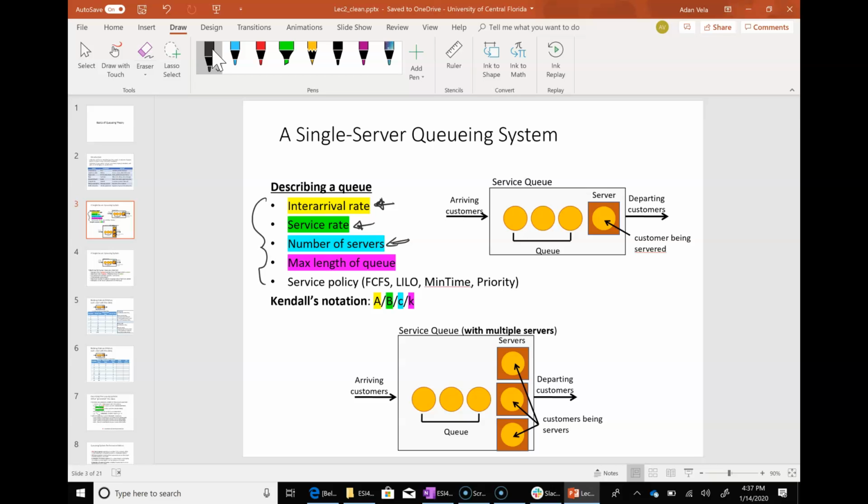Can anybody else give me the electronic version of a physical capacity? Server capacity? So processor capacity is tied to the number of servers you have, right? If you're into computers, these are like cores on a computer. Okay? What about the queue? Not quite. Close.